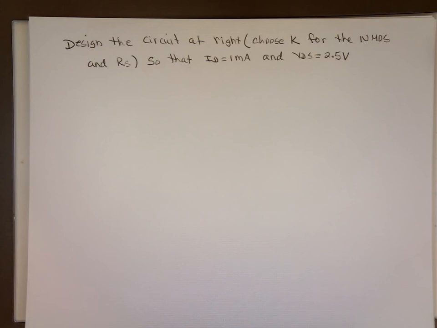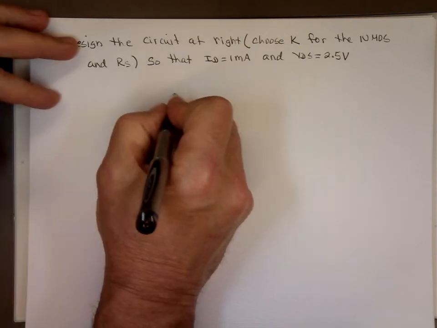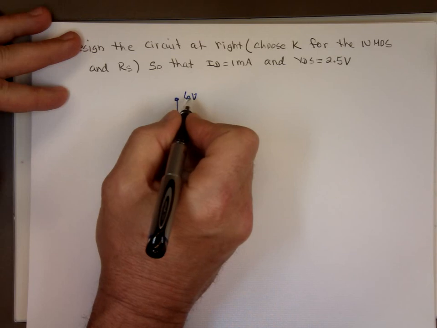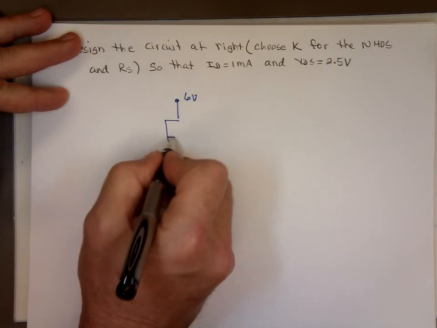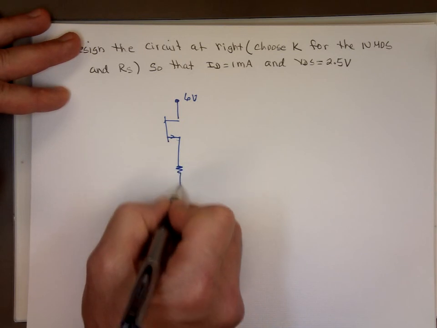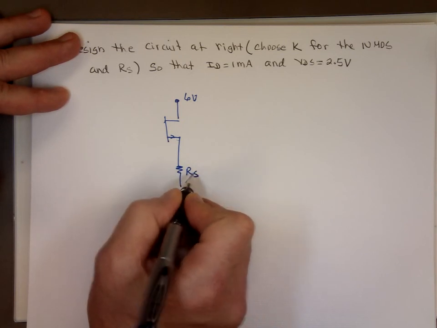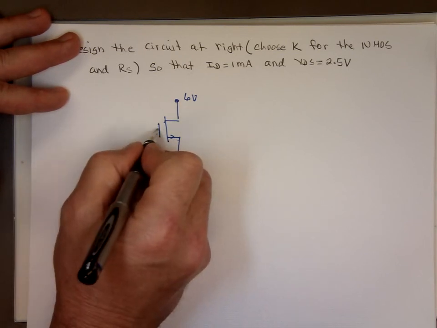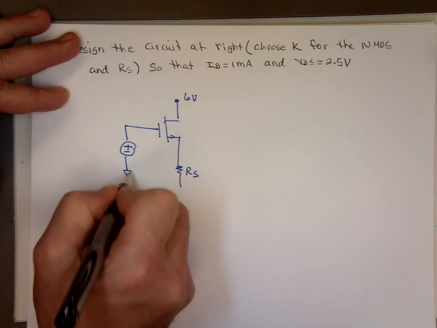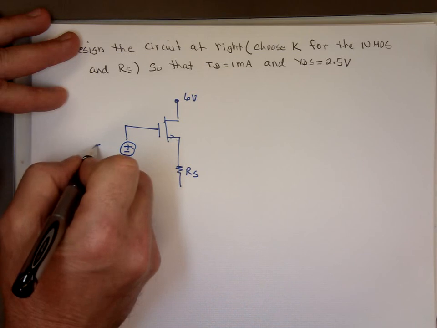Okay. And here's my circuit. Six volt. R sub S. And I'll make this, I don't know, 5 volts VGS.